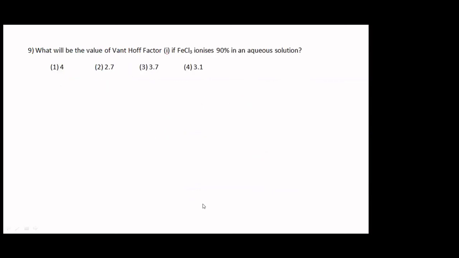What will be the value of van't Hoff factor i if FeCl3 ionizes 90% in the solution? FeCl3, if you put it in water, it will give Fe3 plus ions plus 3 Cl minus ions.